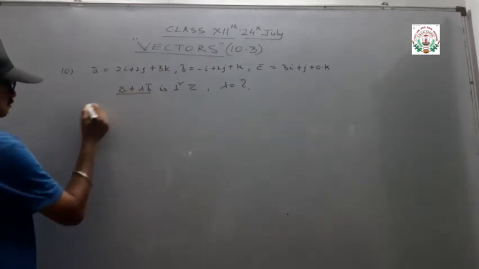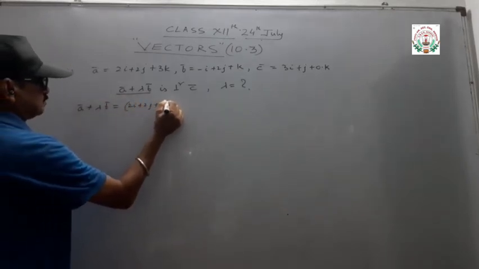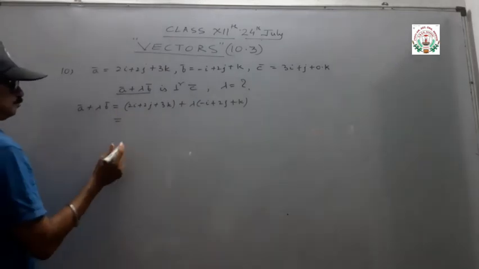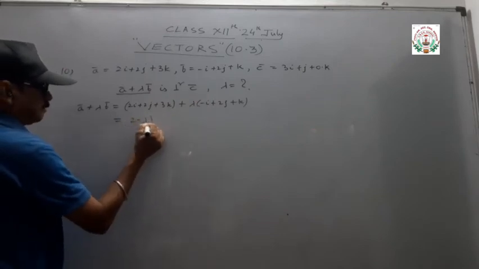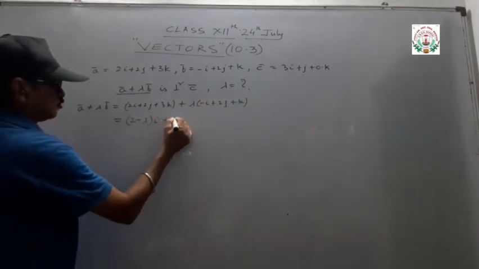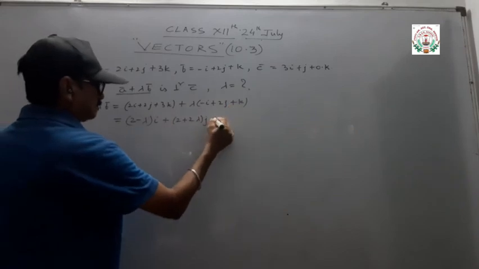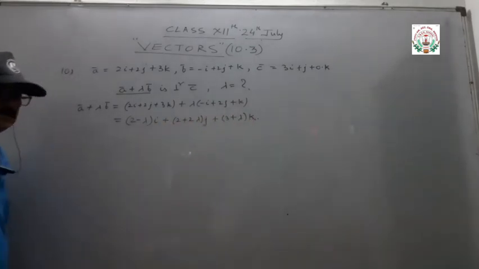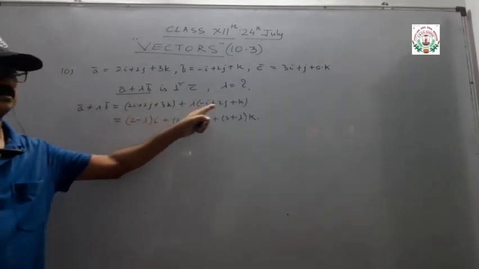First I am going to calculate this. A vector plus lambda B vector is 2i plus 2j plus 3k plus lambda times (minus i plus 2j plus k). So from 2i and minus lambda i, I take i common, so it is (2 minus lambda) into i. 2j plus 2 lambda j, taking j common, gives (2 plus 2 lambda) into j. Then 3k plus lambda k, taking k common, gives (3 plus lambda) into k. So this is now in the form of unit vectors i, j and k: (2 minus lambda) into i, (2 plus 2 lambda) into j, (3 plus lambda) into k.